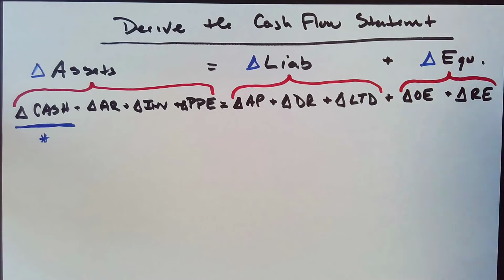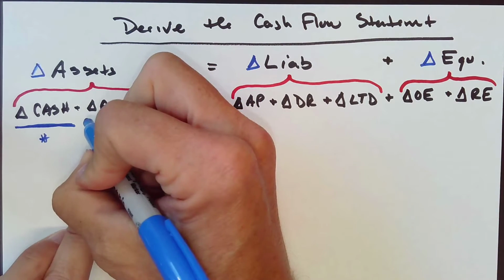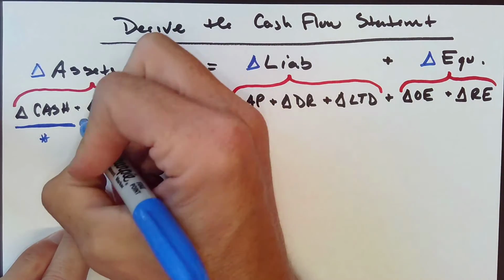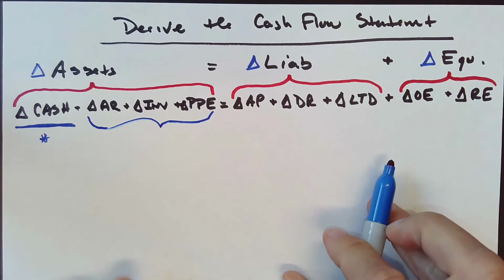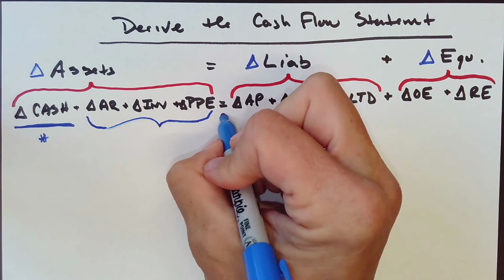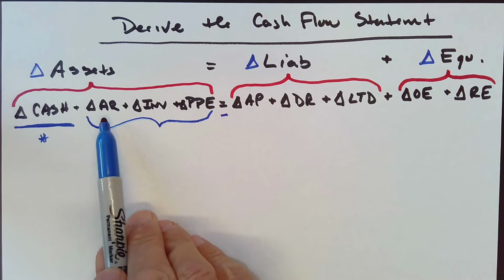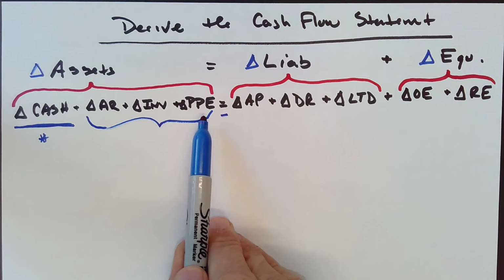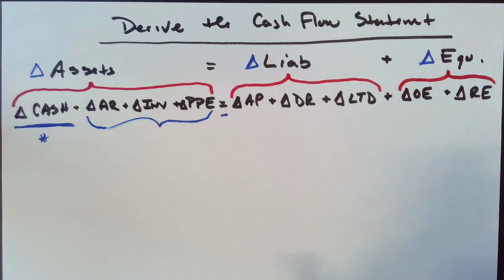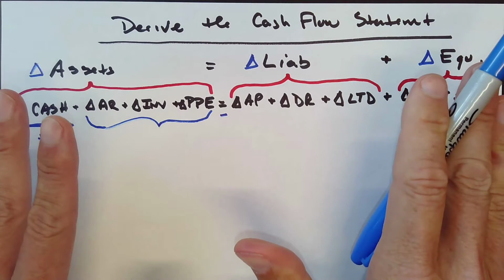So what we need to do is take these components of assets and subtract both sides of our equation by these items. Right? All we're doing is just simple algebraic manipulation here. Nothing too crazy, just simple.